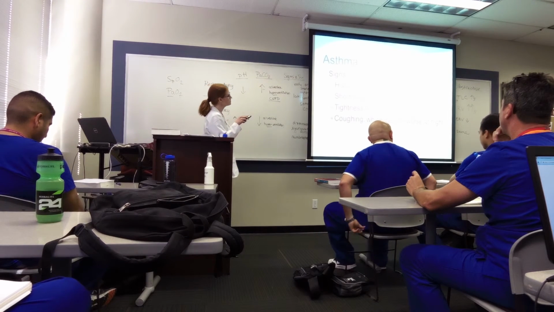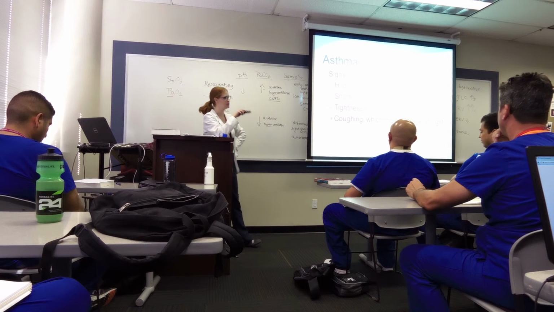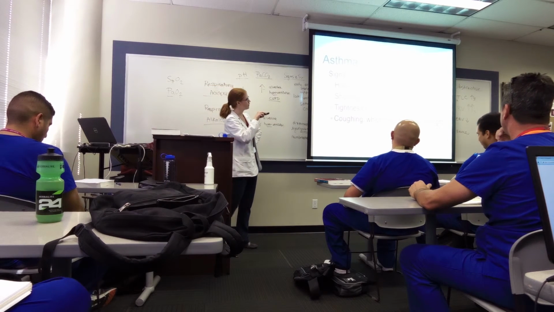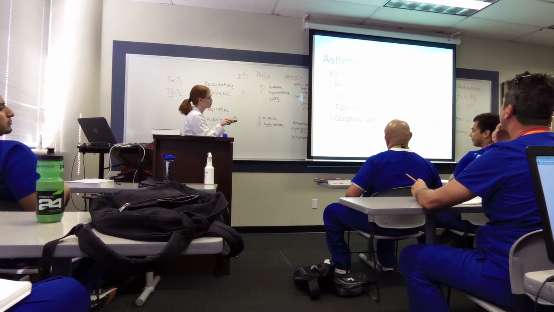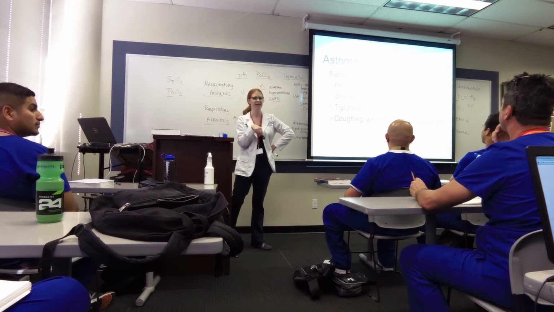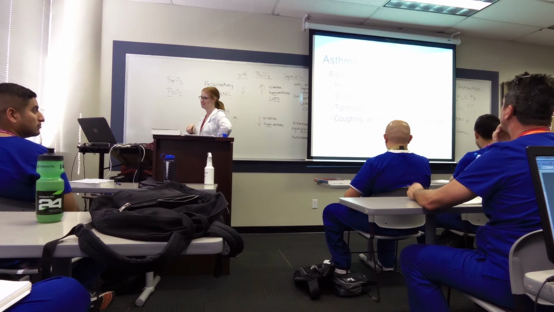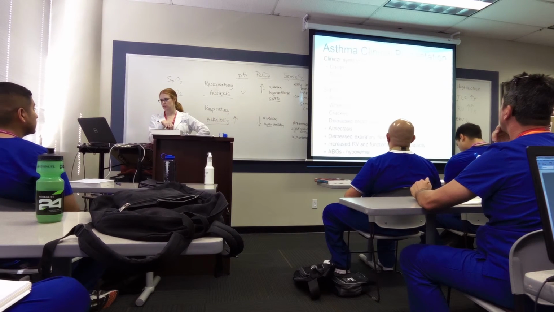Okay, so these are signs and symptoms that would occur not necessarily during an attack. So history of wheezing, that would be inspiratory and expiratory. Shortness of breath, tightness in the chest, and coughing, which is worse at night.